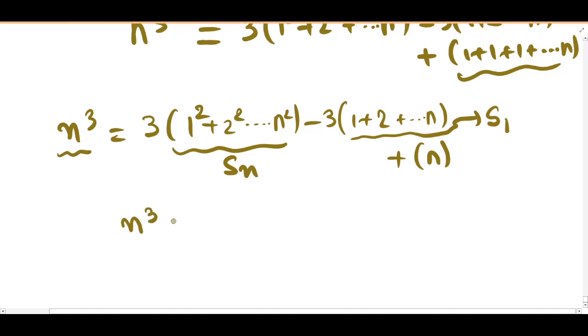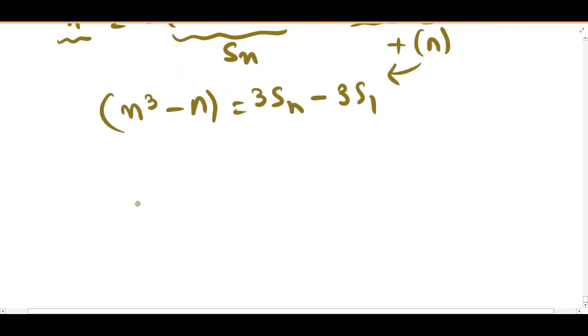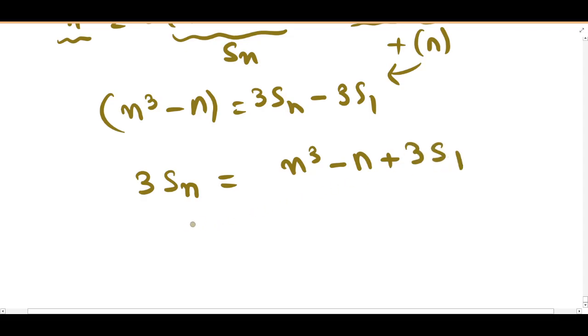So n cube, this will go to the left side: n cube minus n is equal to 3Sn minus 3S1. So we have 3Sn equal to n cube minus n plus 3S1, where S1 is the sum of natural numbers, which we have derived earlier.